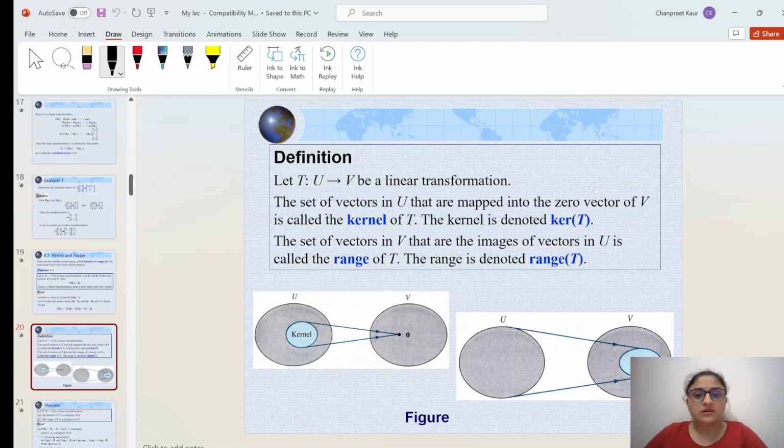The kernel is a set. In fact, it is a subspace, but right now let's just consider it as a collection of elements from U only.